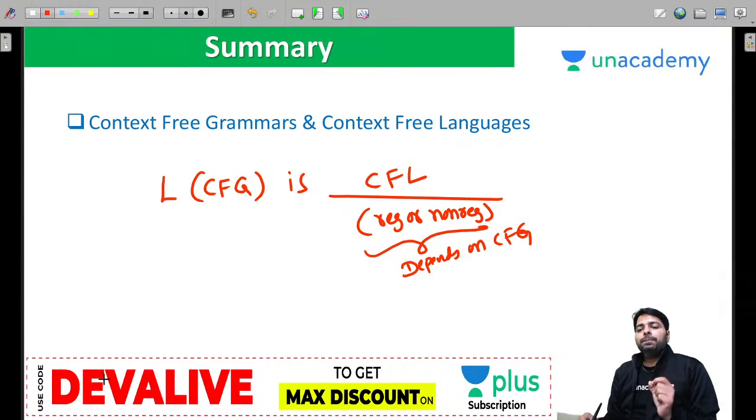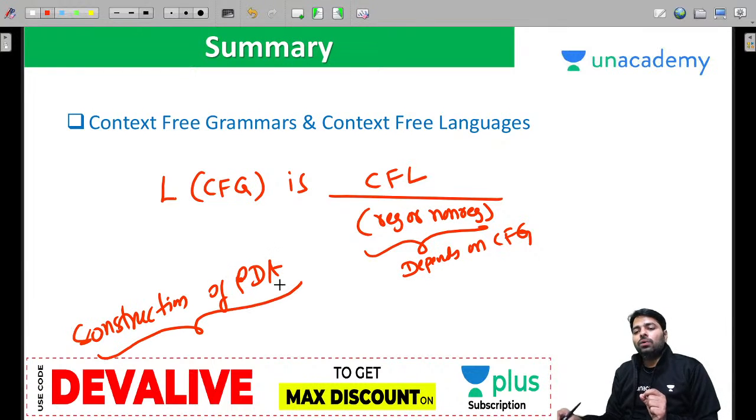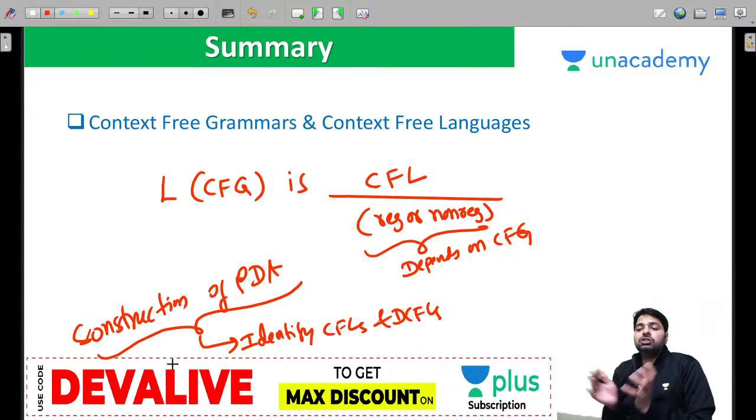Those who ignore construction of a PDA, better stop attending, because from there onwards people face difficulty. Construction of PDA will help you identify DCFLs, so you must be good at construction of PDA.